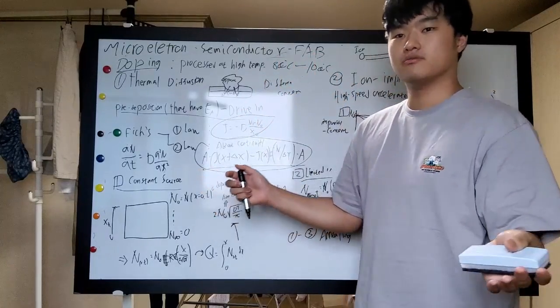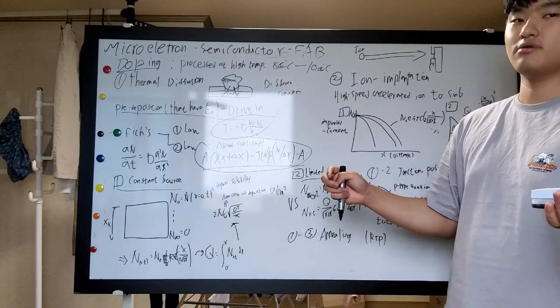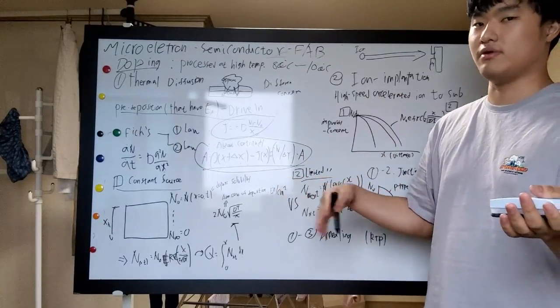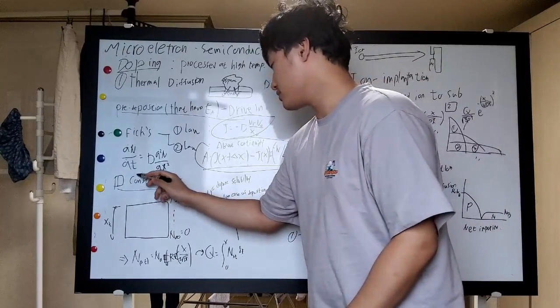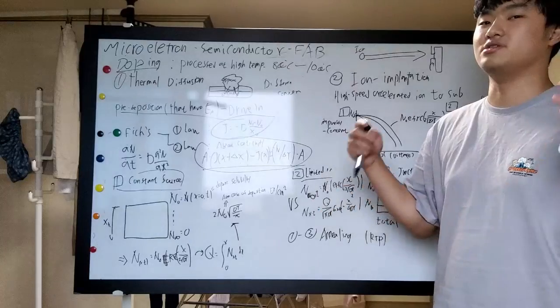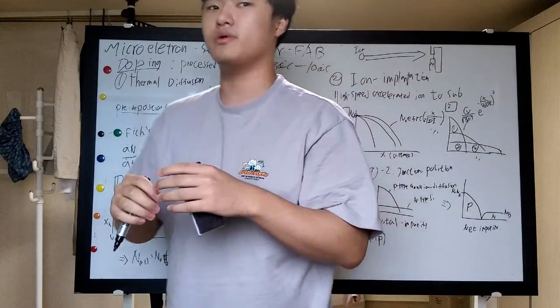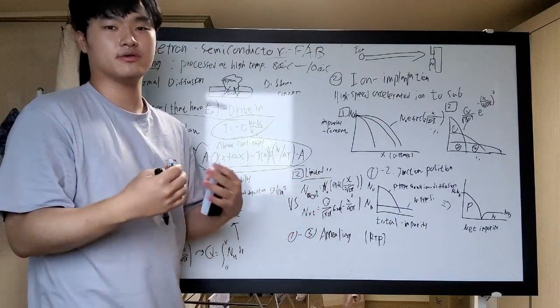So the limited source can be meant as one time, and once it is done, it will end. But constant source can be meant as keeping the dopant being injected and applied. Then the dopant will keep getting larger and larger.